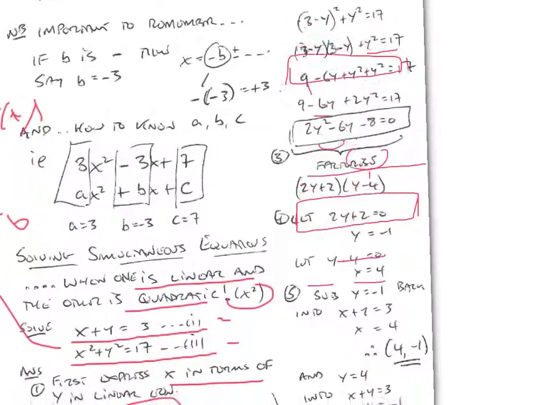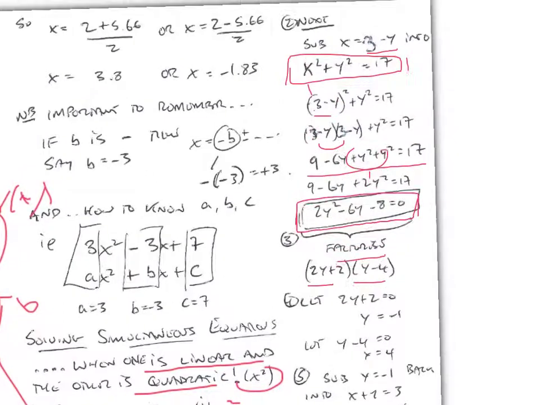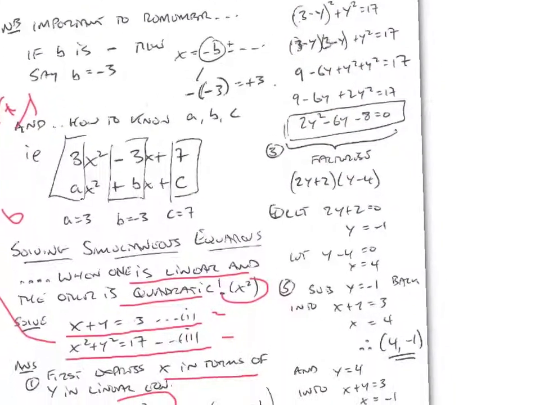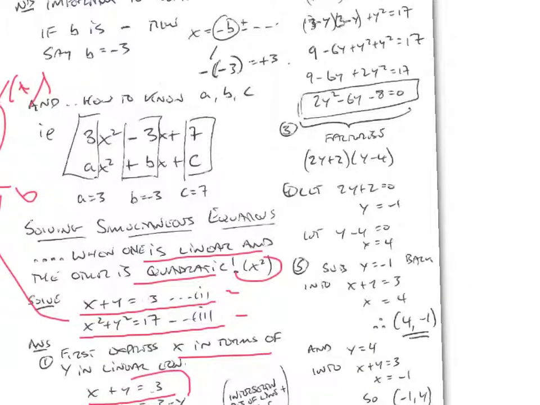And then we let 2y plus 2 equal 0, because it's what we do with these factors when we're solving, trying to find a value for x or for y. So we get y equals minus 1. And we let y minus 4 equals 0, and get y equals 4. Now we need to find the corresponding x values for these y's. So if we put y equals minus 1 back into x plus y equals 3, we get x is equal to 4.